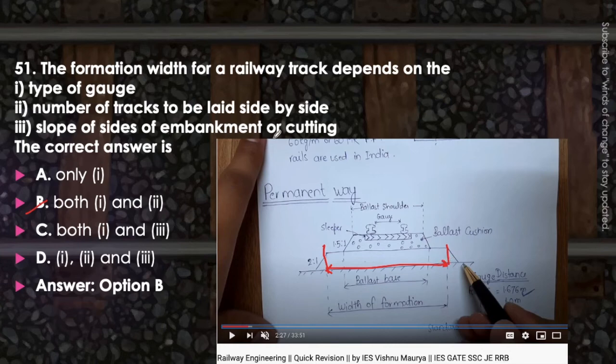Slope of side of embankment or cutting: it does not depend upon this slope, because if this length were taken from these 2 points, then it could have been possible that the slope of sides of embankment or cutting was included. But here, since formation width does not include these, it will not depend upon the slope of sides of embankment or cutting. Okay, so option B is the correct answer.